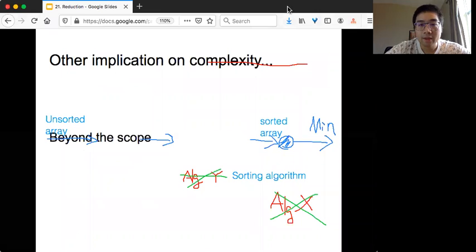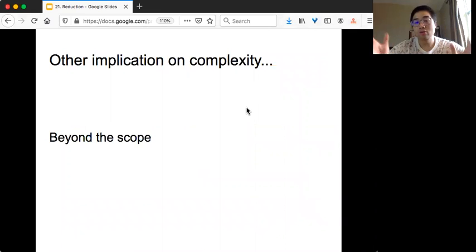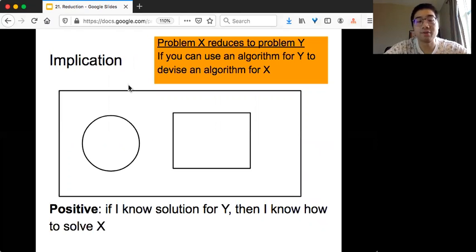Then there are also other fancier usages, especially in theoretical computer science, in computational complexity, message complexity, and bit complexity. We usually use reduction to prove something, but that is beyond the scope. Okay, now let's get back to the negative direction.